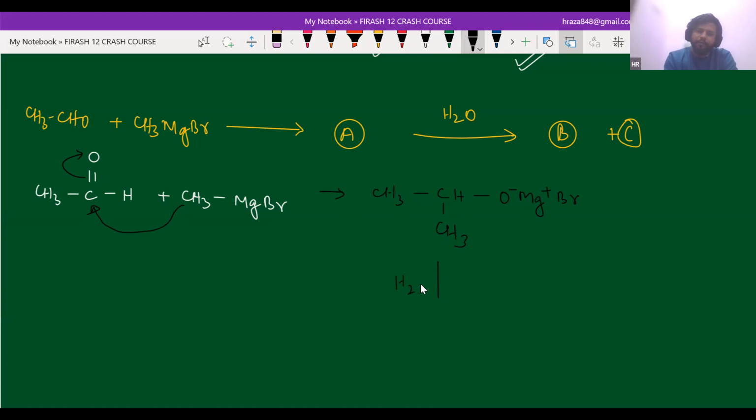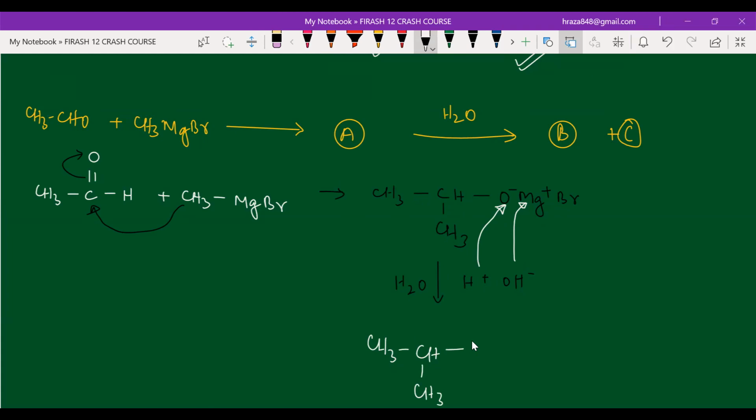After reacting it with H2O, it has two parts, H plus and OH minus, which can easily attack here and here. So it will be CH3, CH3, CH, OH plus MgOH.